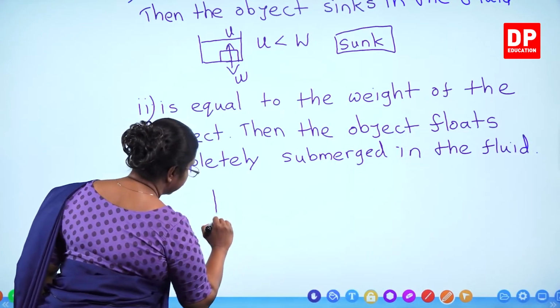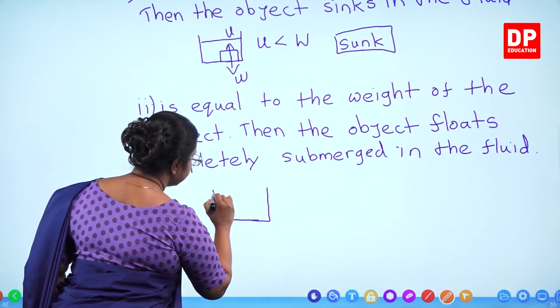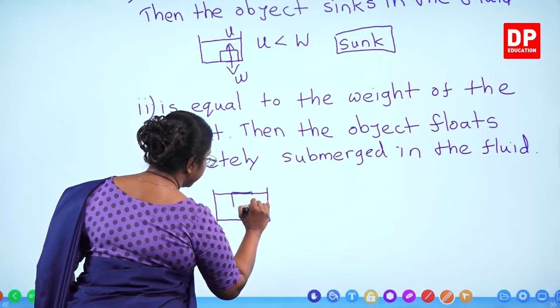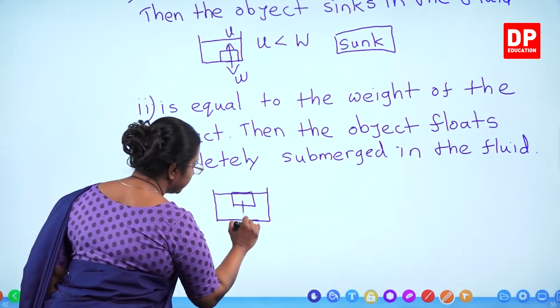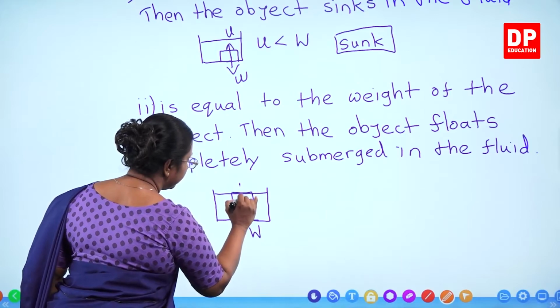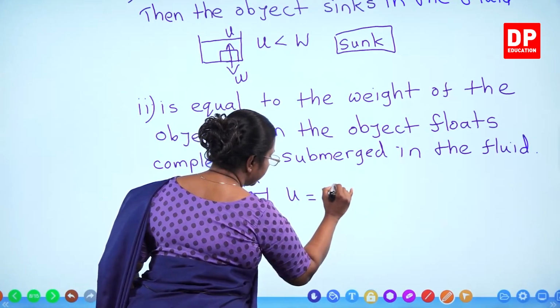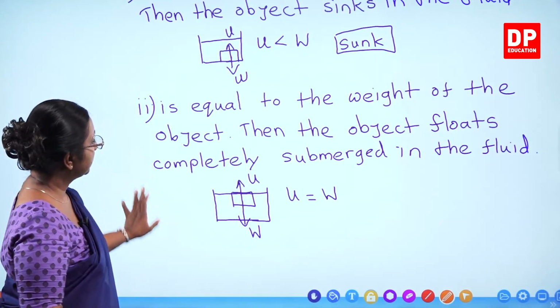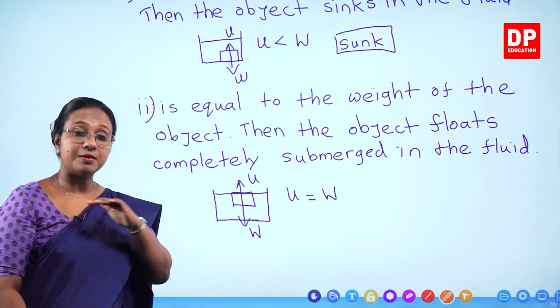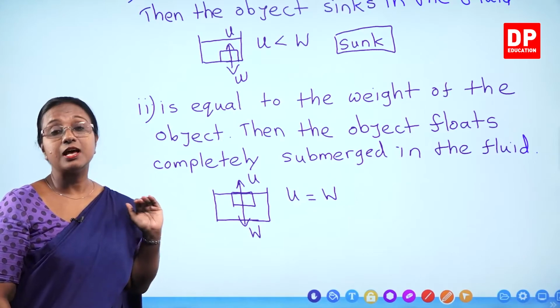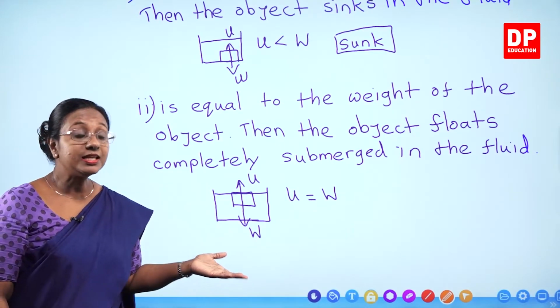What is that? You have an instance where the object is completely submerged. Here the weight is acting downwards, upthrust is upwards, upthrust is equal to weight. So there it is completely submerged in the fluid and it is floating. What is the third instance?